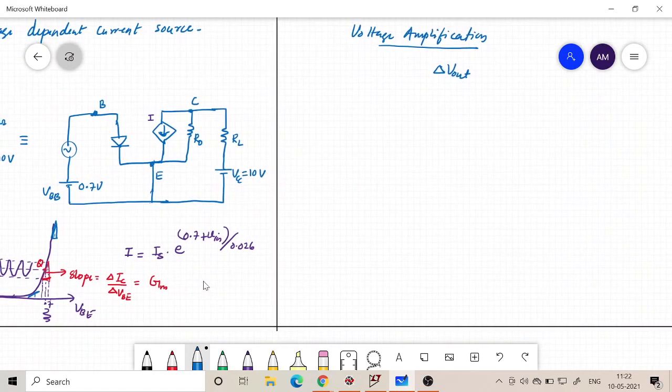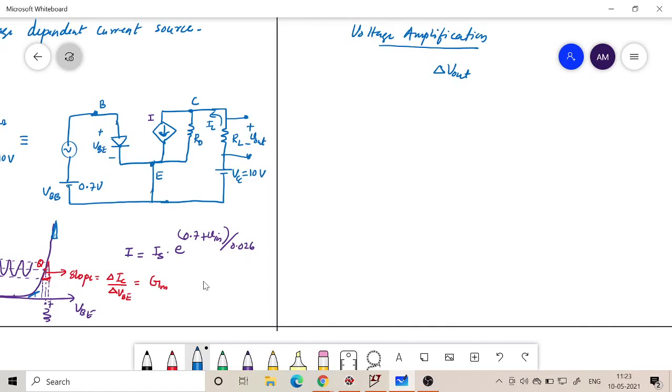Why? Because we are applying a VBE here, and if this VBE is only a DC voltage, this I is going to be a constant current, and this current, which is IL, will also be a constant current. So constant current is flowing through RL. If I take the output here, this is my V out, and it is going to be a constant voltage.